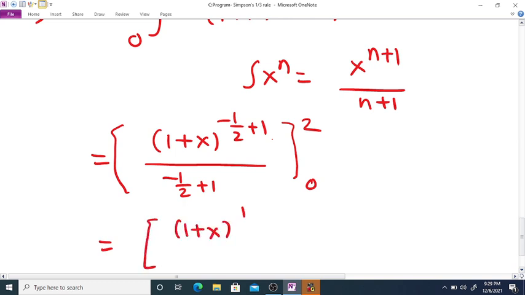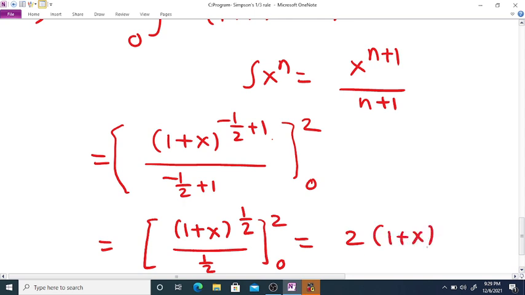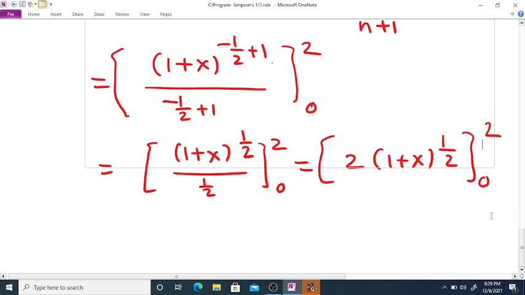But minus 1 by 2 plus 1 is 1 half, so this is equal to (1 plus x) raised to 1 by 2 divided by 1 by 2, with limits 0 to 2. So this is equal to 2 times (1 plus x) raised to 1 by 2, from 0 to 2. Now if you put the upper limit 2, it is square root of 3, and for the lower limit 0 it is 1 plus 0, so it is 1.